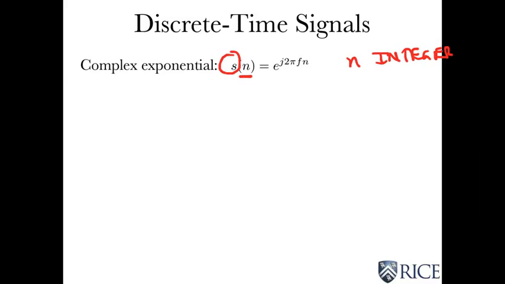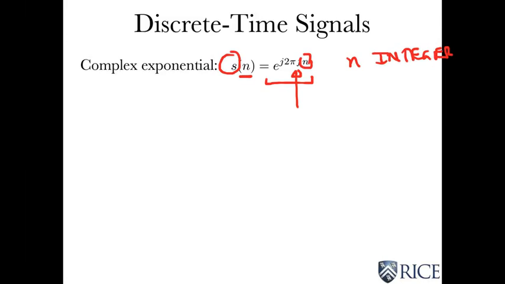All right. The first thing to note is in this complex exponential here, the frequency variable has to be dimensionless. It has no dimensions because n has no dimensions, and you cannot exponentiate anything that has units.